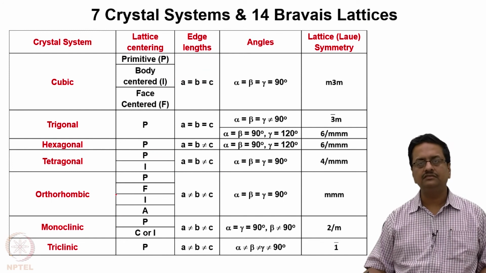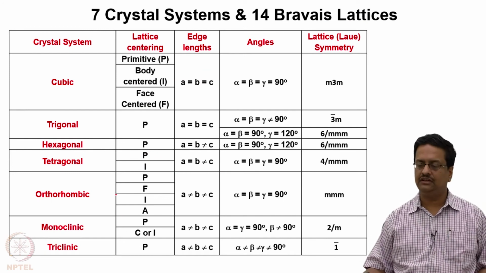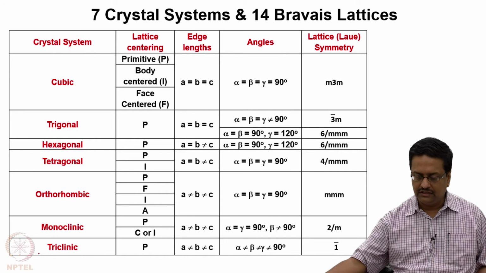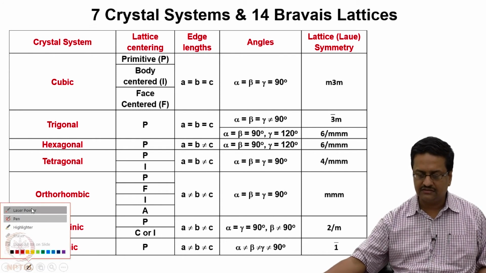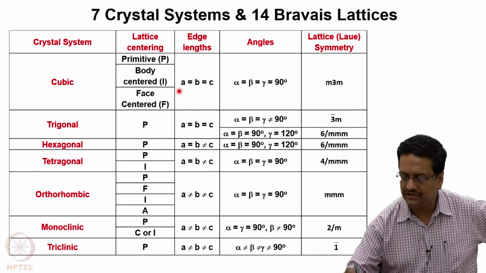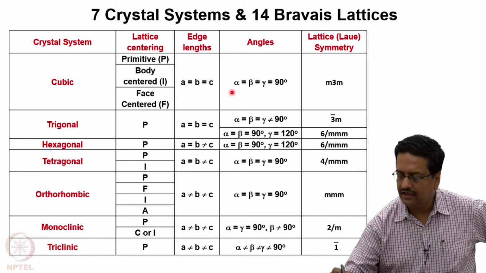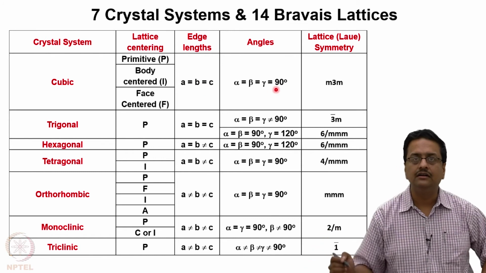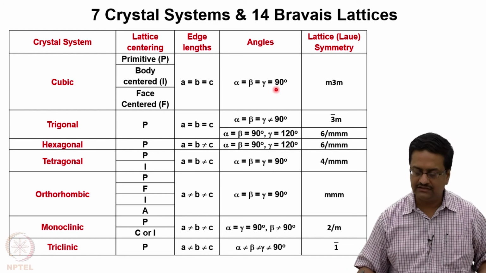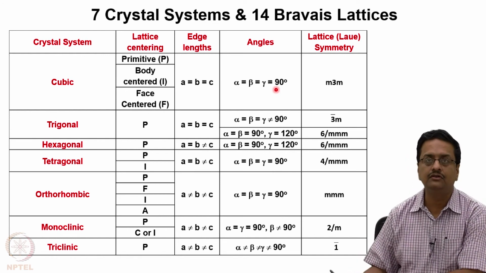So, now based on these 6 parameters which we talked about, the lattice parameters a, b, c and the angles alpha, beta and gamma, we can identify crystal systems in 7 different groups.